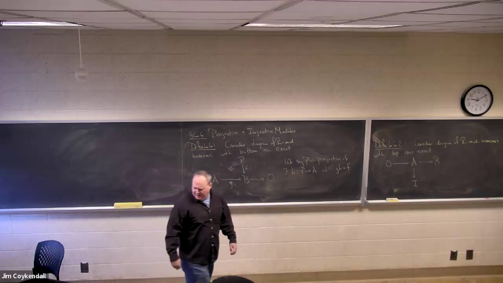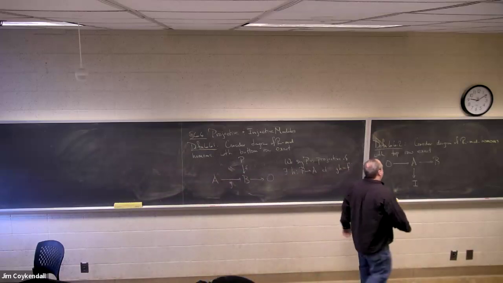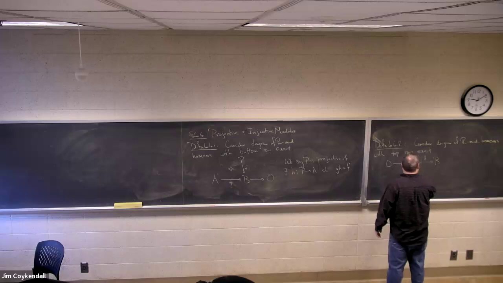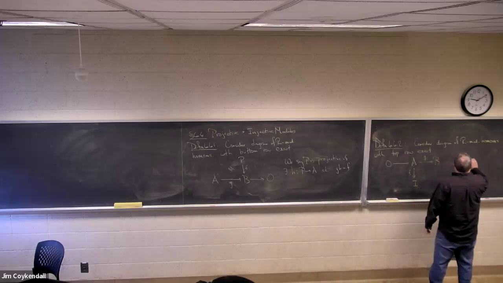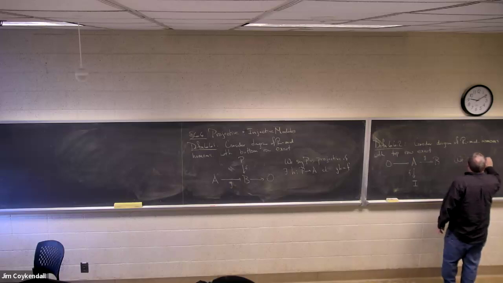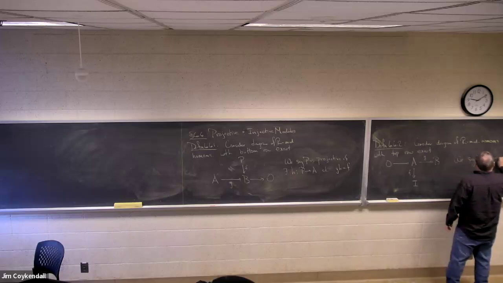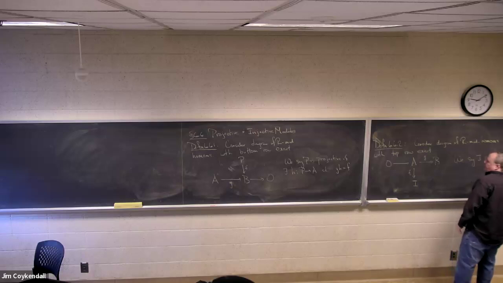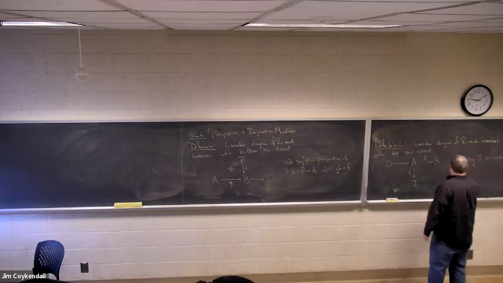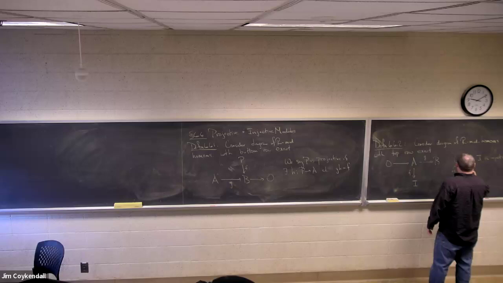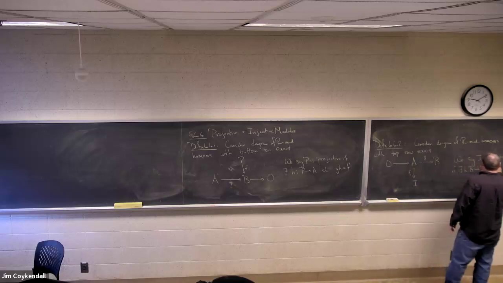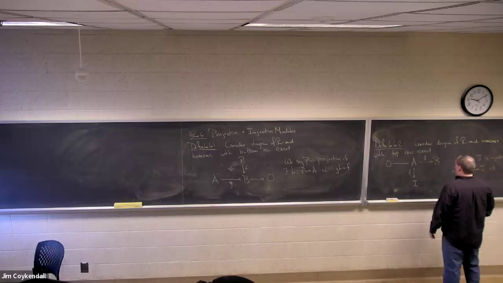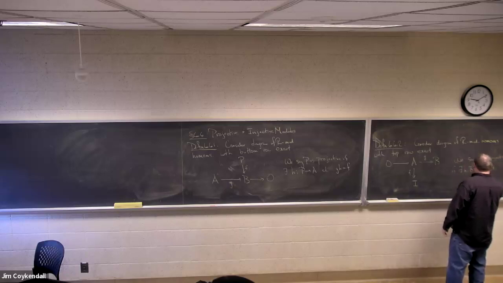We say I is injective if there exists H from B to I, such that when you do G, then you do H, you get F.